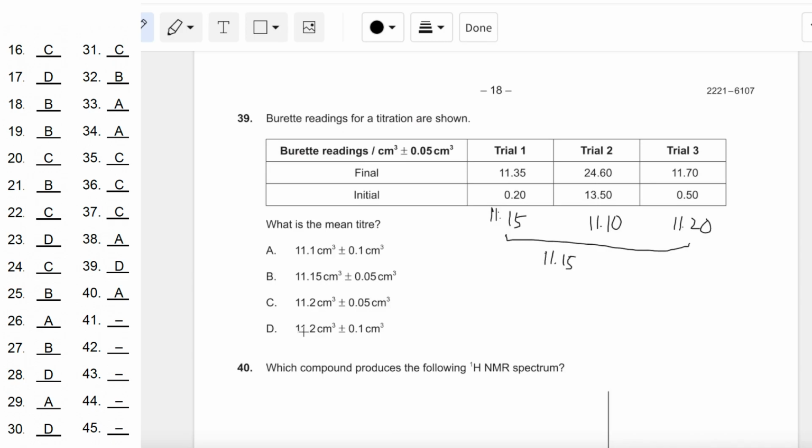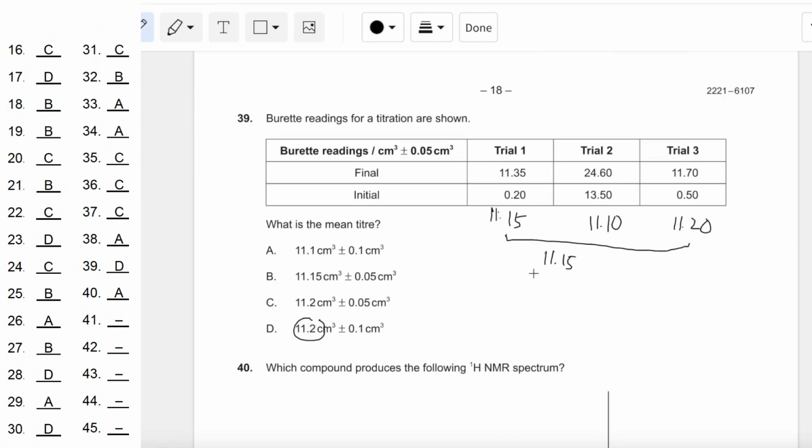So I'm not really sure why the answer is D. They simplified this number: 11.15 becomes 11.2, but then when I see it here it is 11.35, like 2 decimals, but the answer is 1 decimal only.